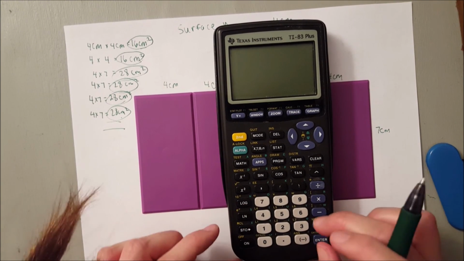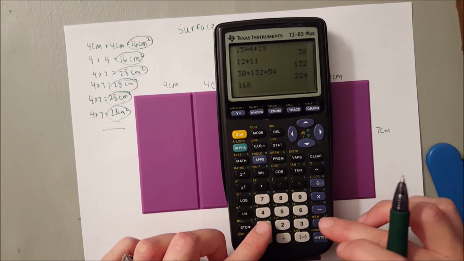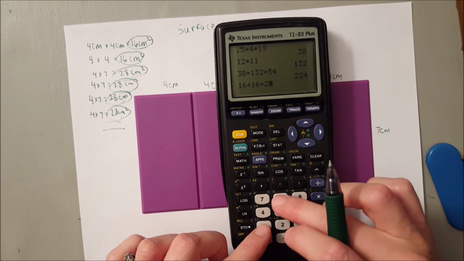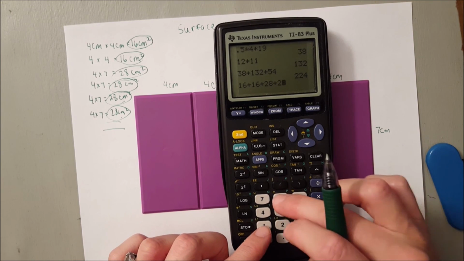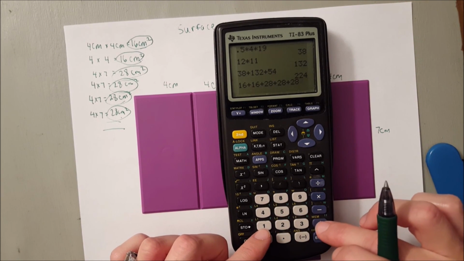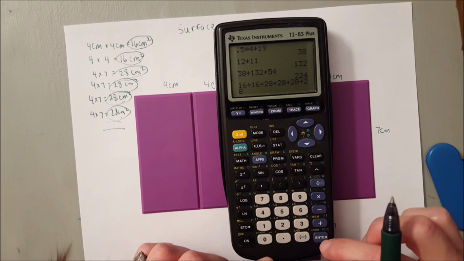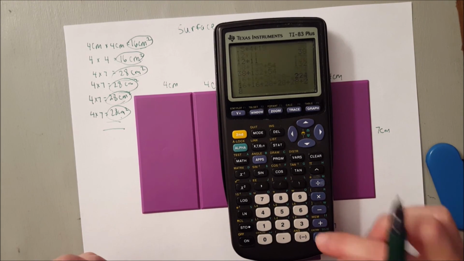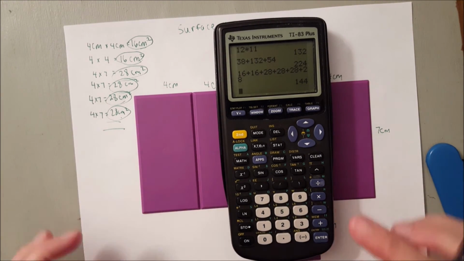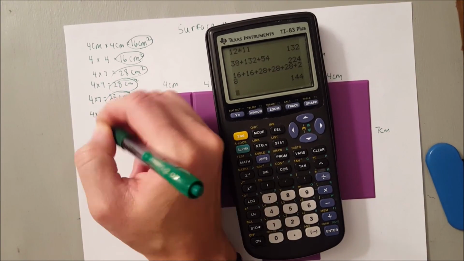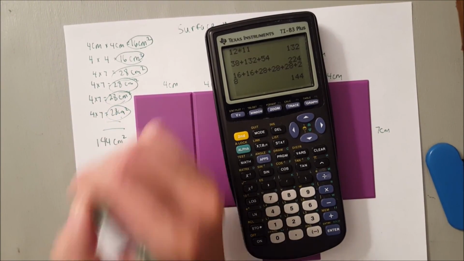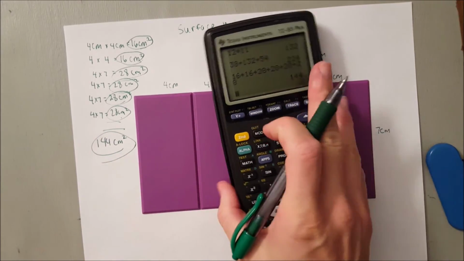So I'm going to have in my calculator 16 plus 16 plus 28 plus 28 plus 28 plus 28. 4 28s there. Add them all up. You're going to get 144. And these are centimeters squared. So that would be your answer for this particular box.